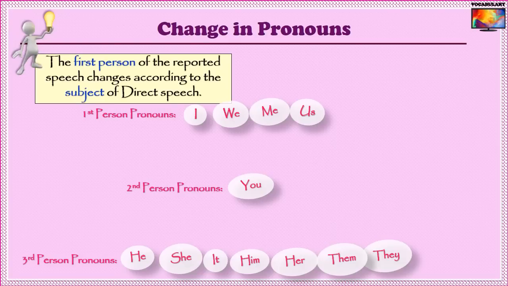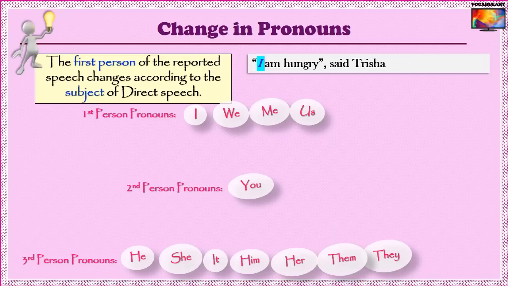The first person of the reported speech changes according to the subject of the reporting speech. "I am hungry," said Trisha. Trisha said she was hungry. I, which is a first person subject, becomes she, which is a third person pronoun, because the subject, or the one who spoke, is Trisha, a third person subject.